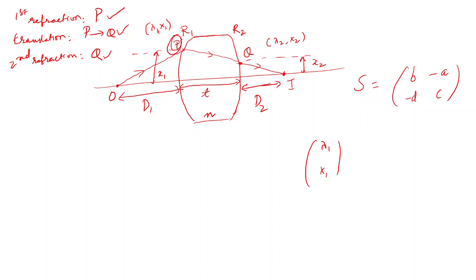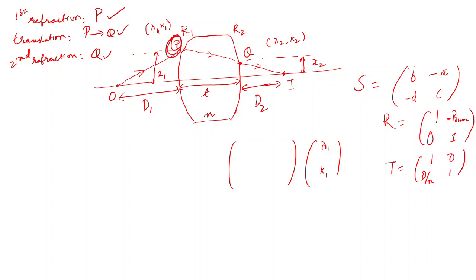So for the first refraction at point P, I can write the refraction matrix, right? Recall the refraction matrix is something like 1, minus the power, this is 0, this is 1, right? That's the refraction matrix. And the translation matrix is 1, 0, distance divided by the refractive index, and 1, right?